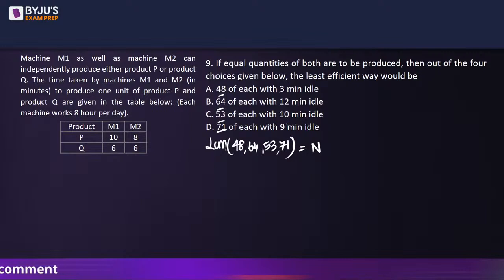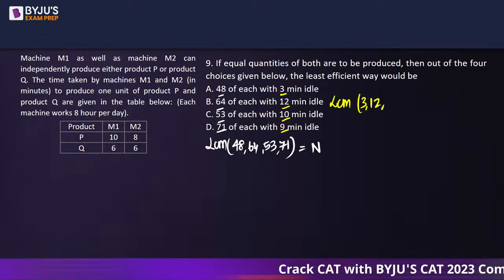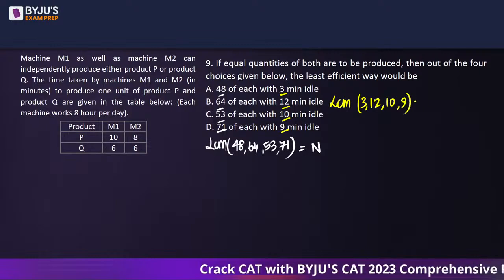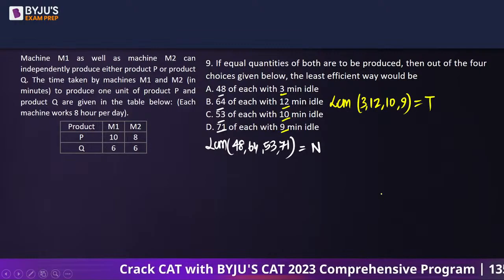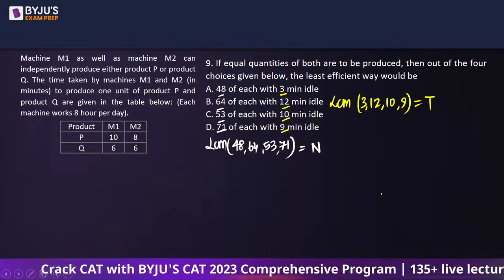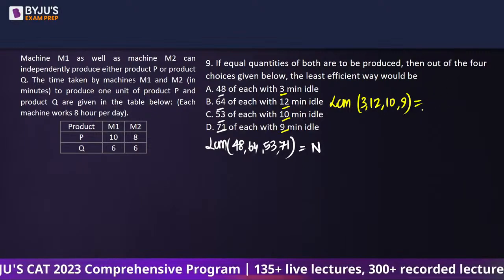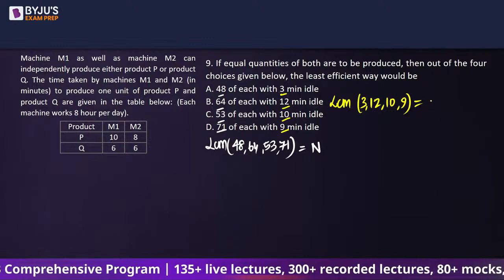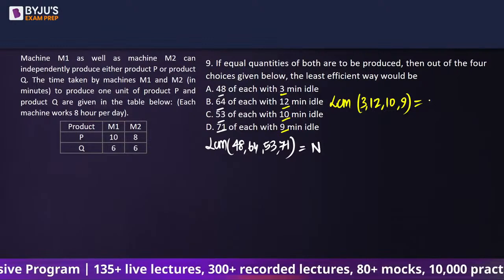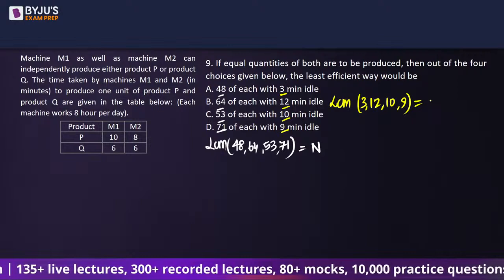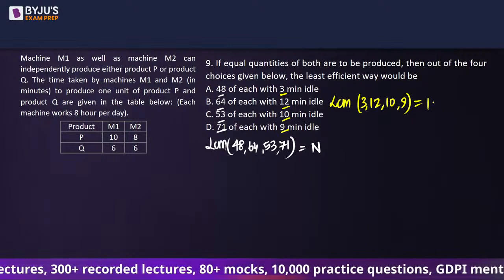दूसरा तरीका ये हो सकता है that we take the time का LCM 3, 12, 10 and 9 and suppose this is T, कि इतने time idle थे, ठीक है. मैं एग्जांपल दे दे रहा हूँ. Okay, I'll give you an example. So the LCM of 3, 12, 10 and 9 is going to be 180. So 180 minutes.